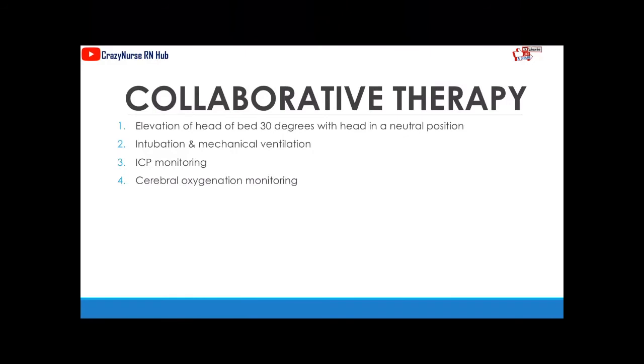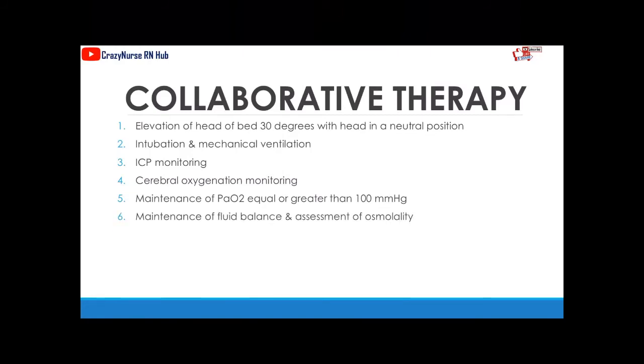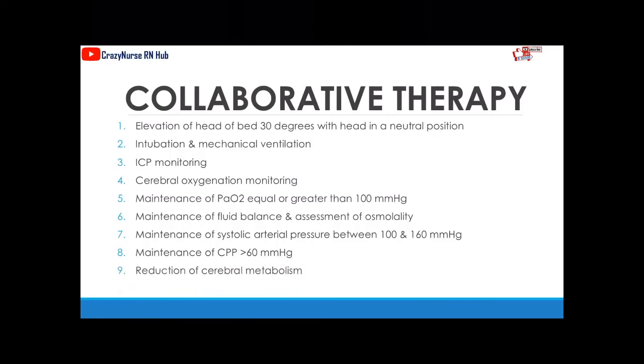Cerebral oxygenation monitoring as well, and maintenance of partial pressure of oxygen equal or greater than 100 millimeters of mercury, and maintenance of fluid balance and assessment of osmolality or concentration, and maintenance of systolic arterial pressure between 100 and 160 millimeters of mercury. And also, we have to maintain the CPP of our patient to more than 60 millimeters of mercury to promote cerebral perfusion and reduction of cerebral metabolism.